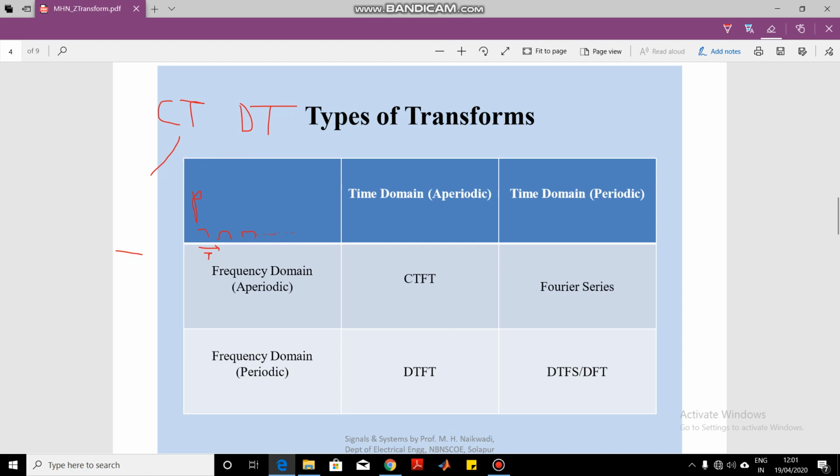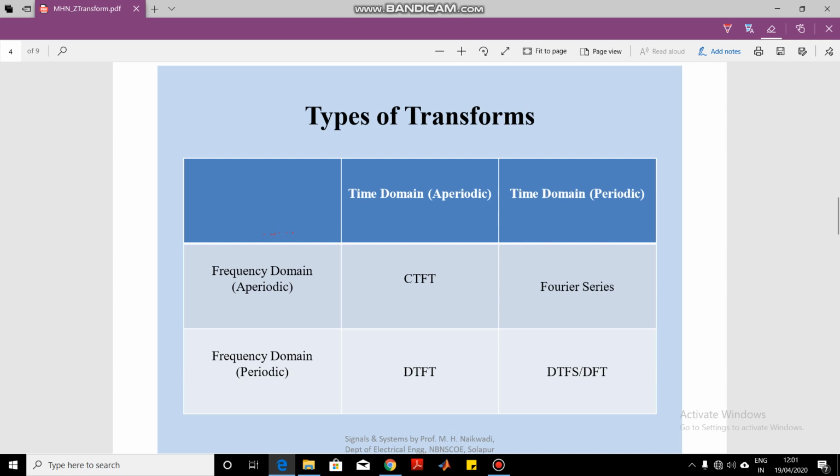Now, what are the different types of transforms? Dealing with these four types of signals, we can have four types of transforms. When the signal is a periodic signal, the type of transform that we use for such a periodic signal is called a Fourier series.